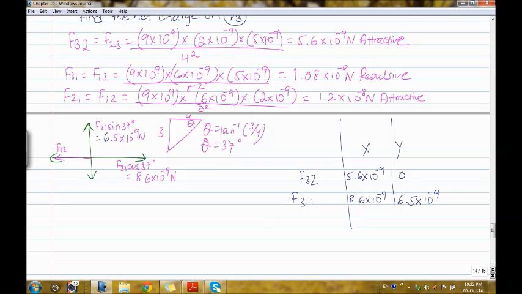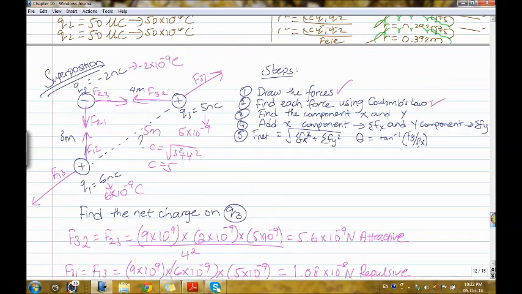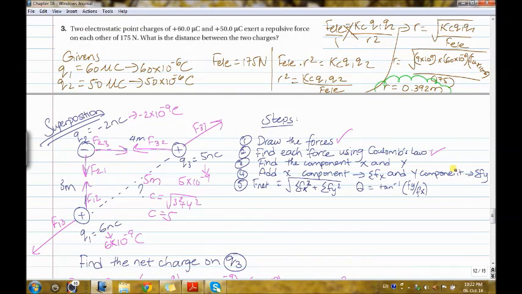Okay, so we finished the third step, which is finding the components.